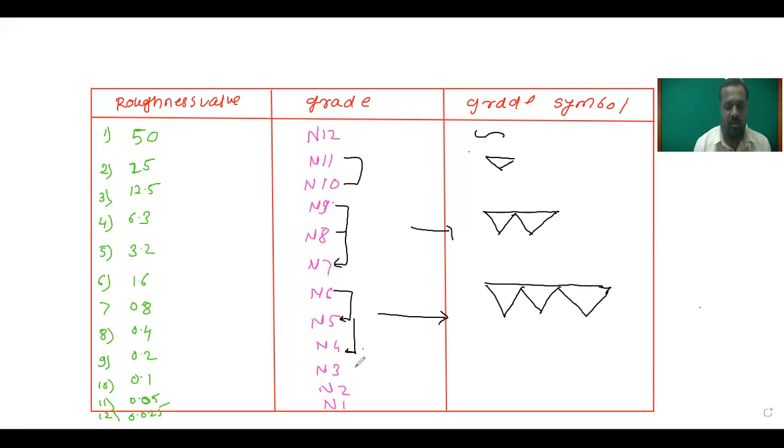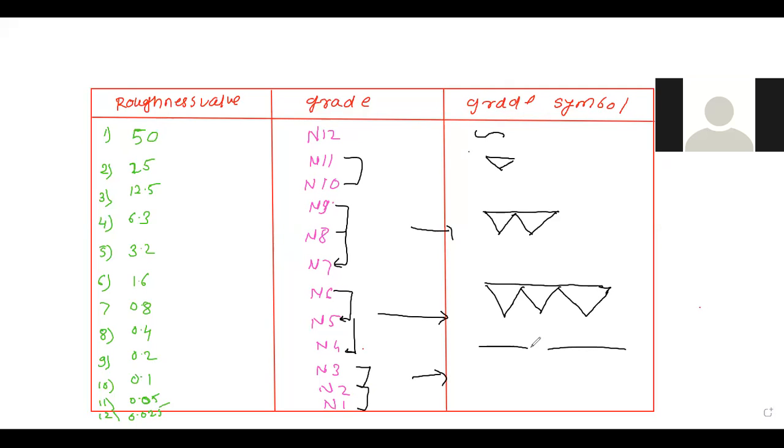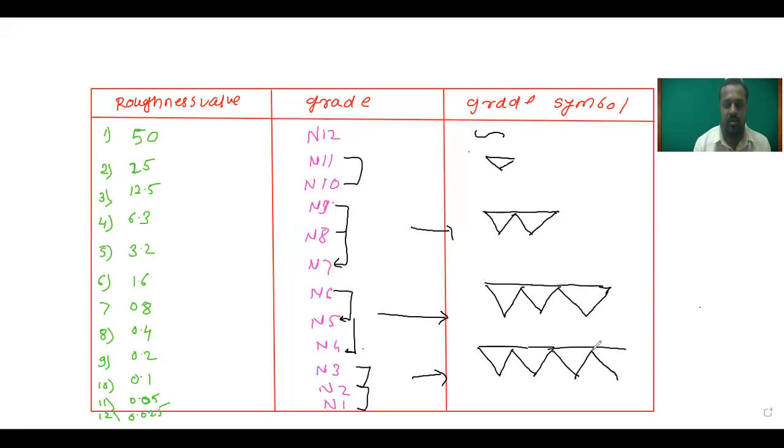And again for the remaining 3 grades, four inverted triangles are there, like this. Is it correct? Yes, sir.